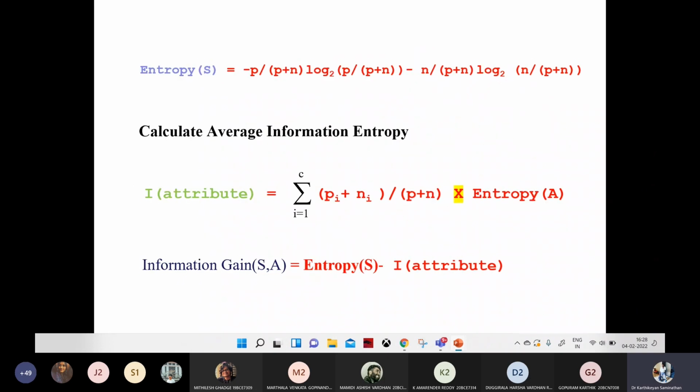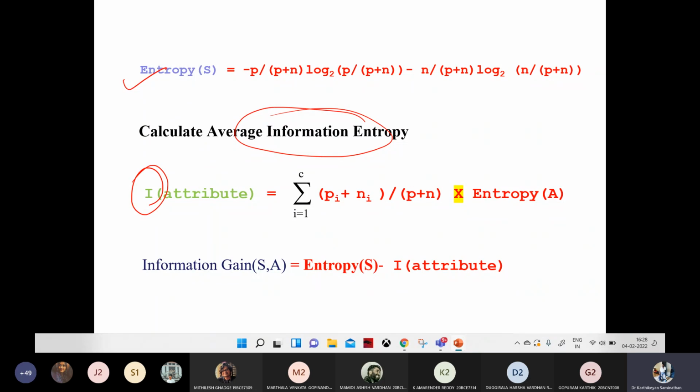After calculating the entropy, we need to move on to calculating the average information entropy, that is I. Column wise we need to calculate that, which is the I attribute entropy. There may be different columns, maybe sunny, rainy, cold, then temperature, and so on.